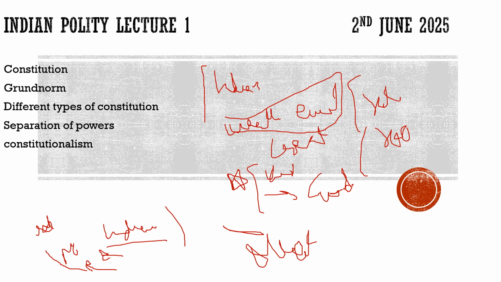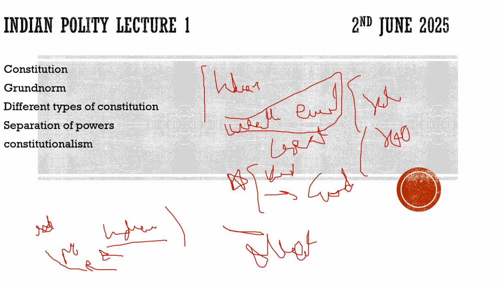So till now, I hope you have understood it. Now the question comes: what is the constitution? Now we are coming on track. From this point, whatever we say will be important for your preparation. Till this, it was just a warm up to give you a basic understanding of how society used to work. There were religious norms, religious laws, religious books which would restrict your rights or give you rights.